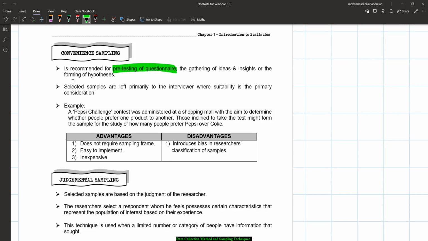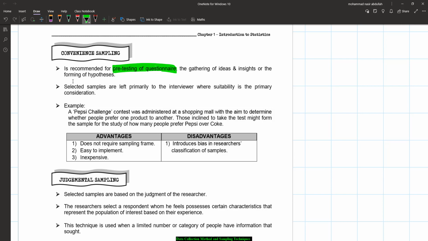You want to test whether the questionnaire is reliable or valid. So you do convenient sampling to take a sample to test the questionnaire, not to get the result, but to test whether the questionnaire is reliable or not reliable. So getting ideas and insight or forming the hypothesis, this is one of the usages of the convenient sampling technique lah.